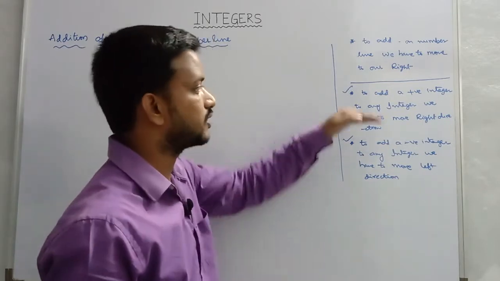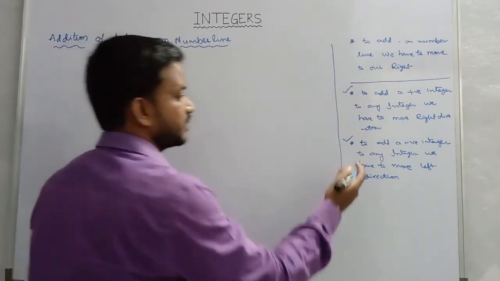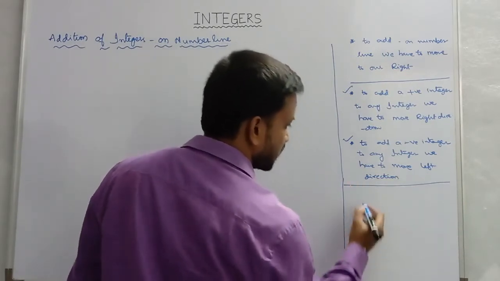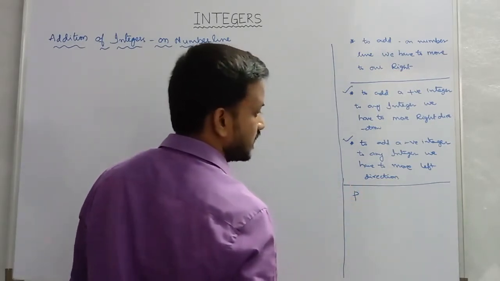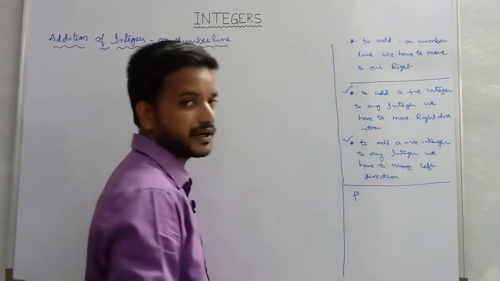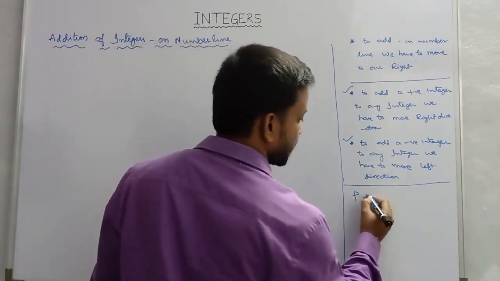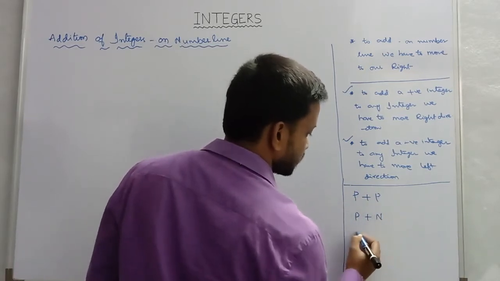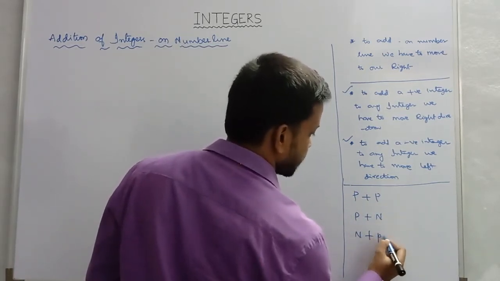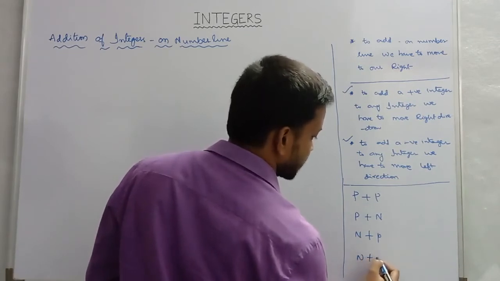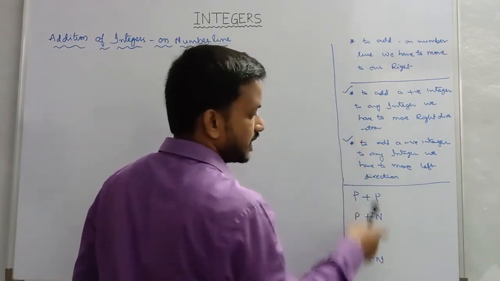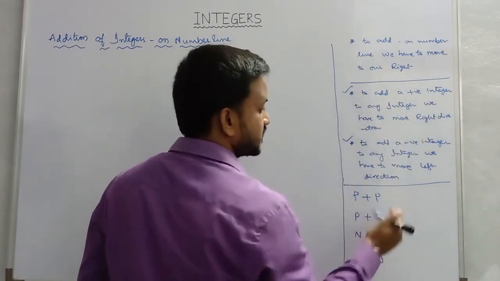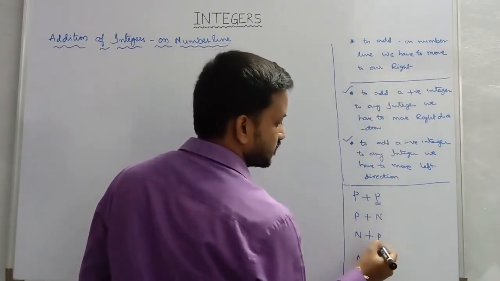Okay, so you have to remember these 2 points, and the same thing can be remembered in this manner. Here P stands for positive and N stands for negative. So I am adding positive plus positive, positive plus negative, negative plus positive, negative plus negative. Okay, so you have to understand in this manner. To add a positive integer to any integer means the second integer is positive.